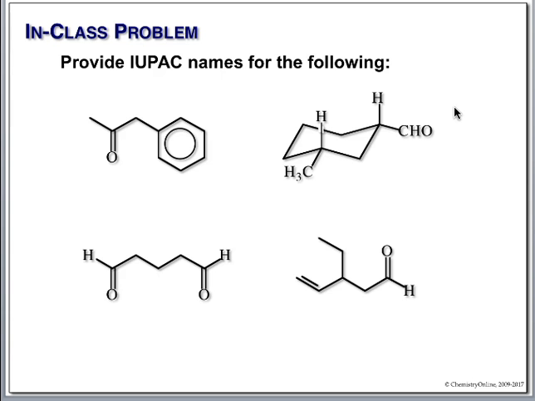So for our first compound here, our parent chain is going to be the little 3-carbon loop here. We want to do the lowest number that we can. And so we're going to let this be carbon number 1. So we have the phenyl group as a substituent.